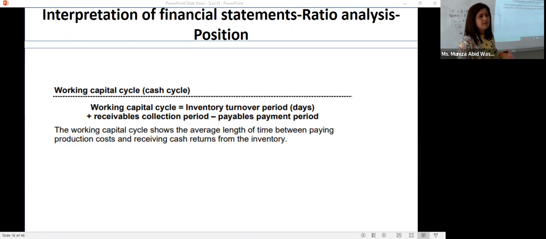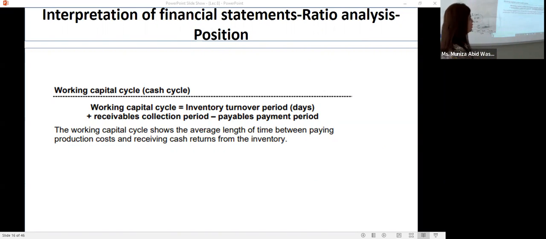Minus payables payment period, the time period which the company takes to pay back its payables. Ultimately, the figure we get is the time period in which the company is getting its cash back. The company is fixing its cash somewhere by making receivables or by purchasing inventory. After taking the payments back, the cash is returned to the company.